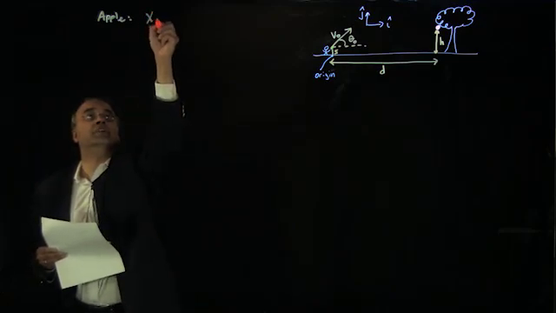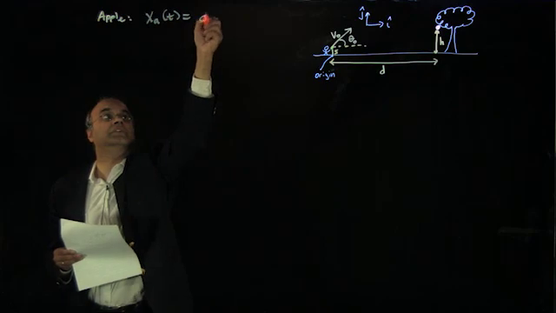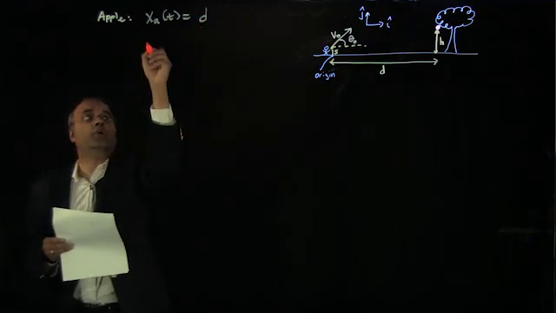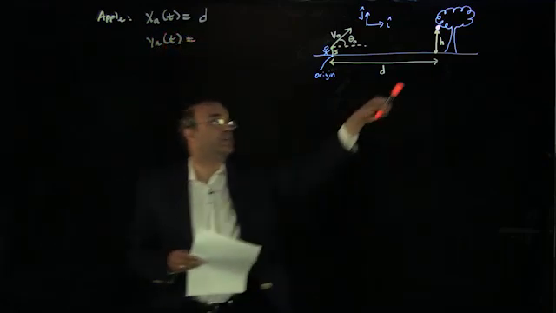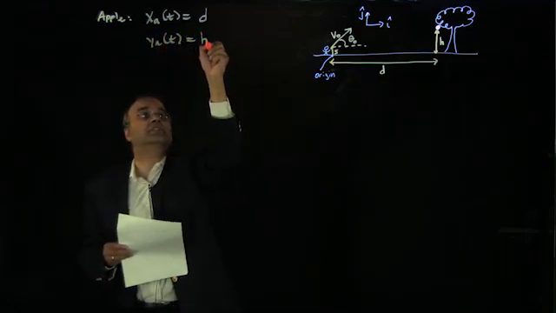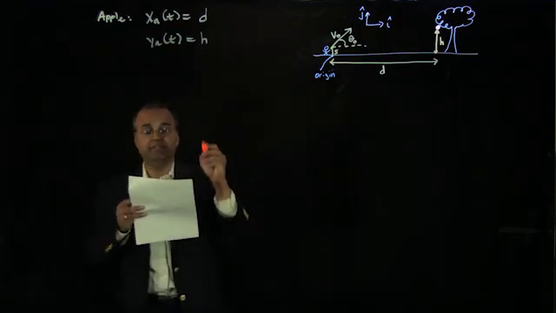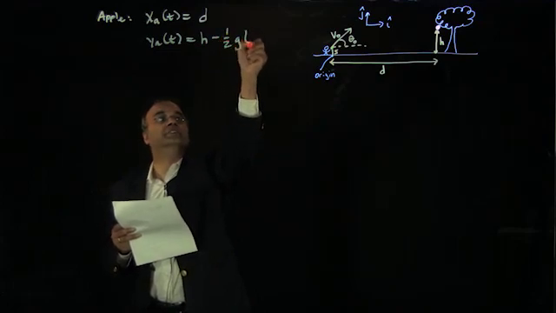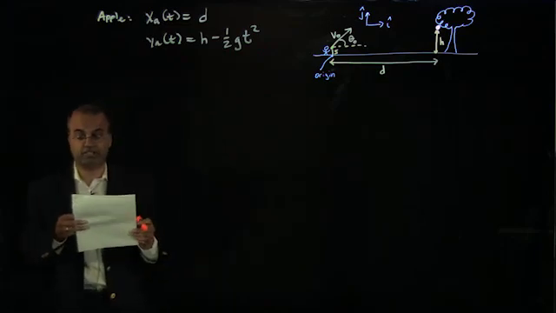So the x-coordinate of the apple as a function of time is just d. It's just a constant. Its y-coordinate starts out at a height h, and then it drops due to the acceleration of gravity. And so that's given by minus 1/2 g t squared. It's a minus because it's falling in the minus j-hat direction.